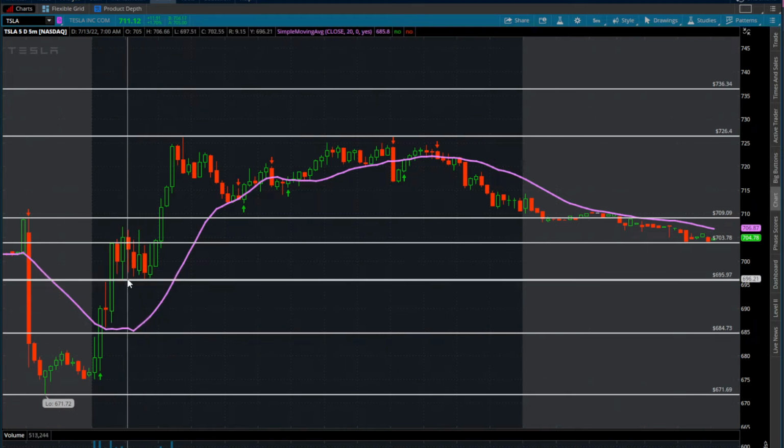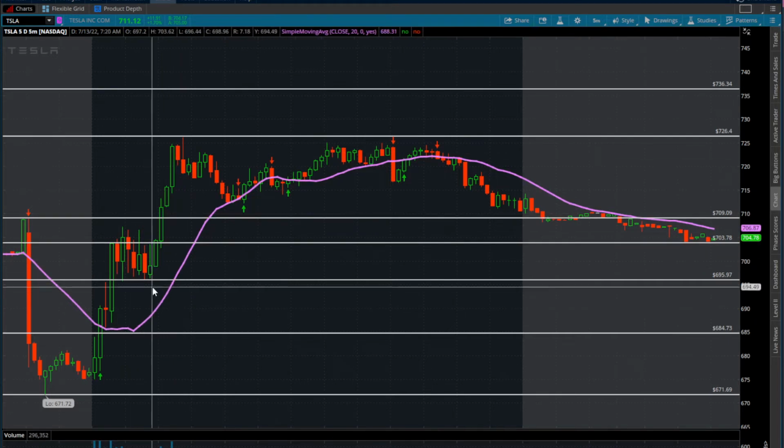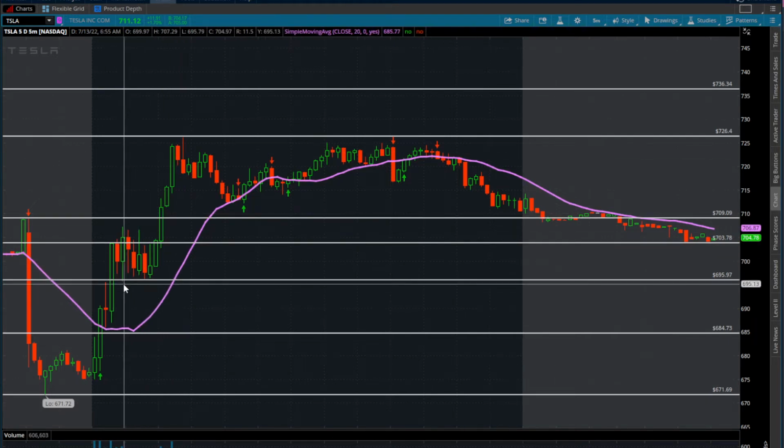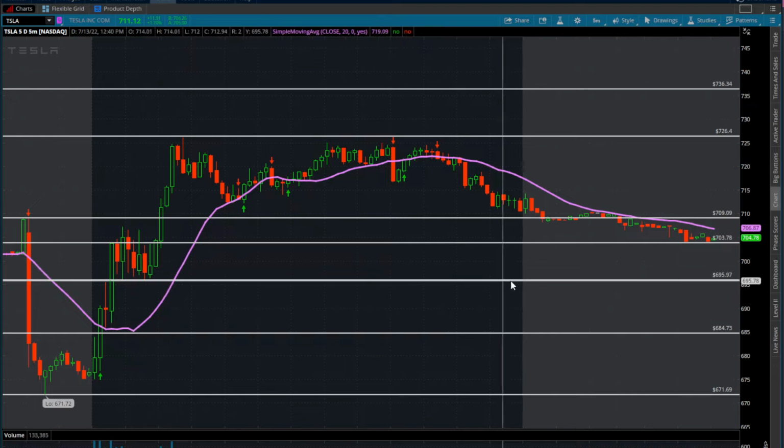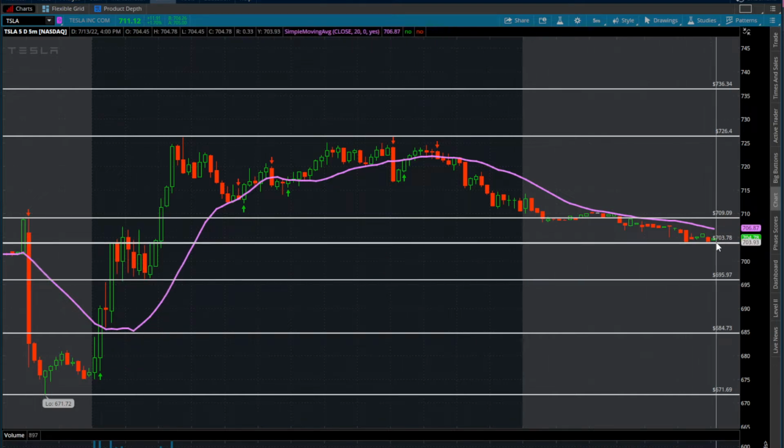You can see it created this floor before we finally started to explode to higher levels. So that's why there are multiple touch points of support here. We're going to use this as our level of demand. This is where buyers were comfortable stepping in and buying the stock. So if Tesla does decide to break down below 703, it could potentially go to 695, 696. That is going to be a potential trade.